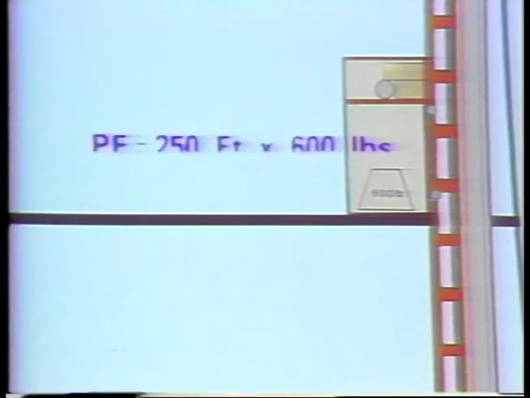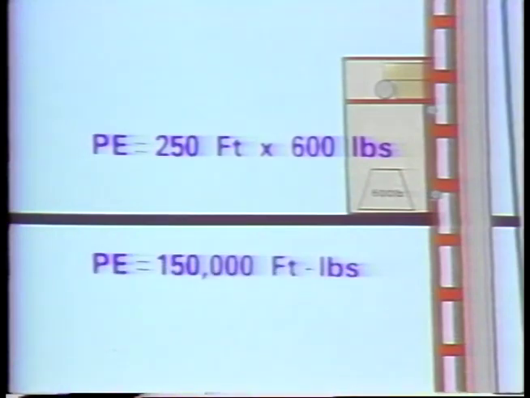Now, plugging these values into our formula, we get PE equal to height, 250 feet, times weight, 600 pounds, and this results in 150,000 foot-pounds. By comparing this to the 300,000 foot-pounds we got before, we can see that by reducing the weight by 1/2, we also reduce the amount of potential energy by half.